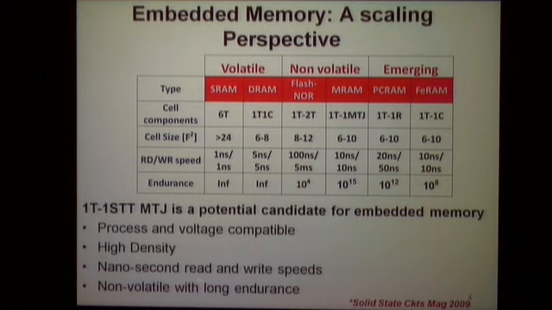Nanoseconds read and write speeds, which is, again, very attractive as a circuit designer. And finally, it is non-volatile with long endurance. And as we already saw, we can take it one step further and think about embedding non-volatile elements in latches, flip-flops, and so on and so forth to give you more kinds of flexibility in designing microprocessors or signal processors, whatever it may be.